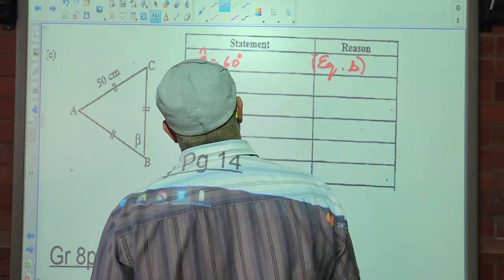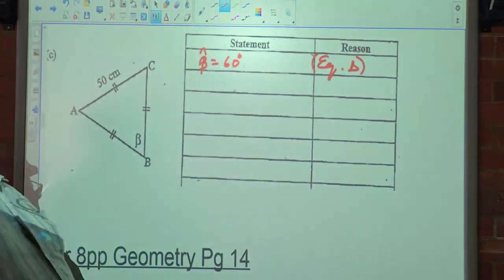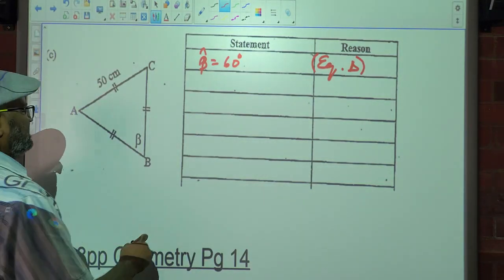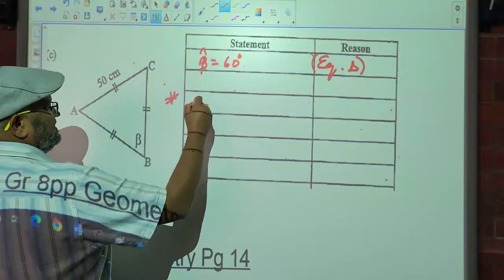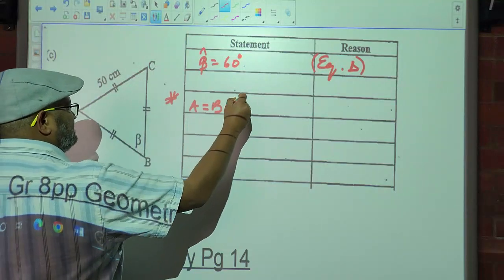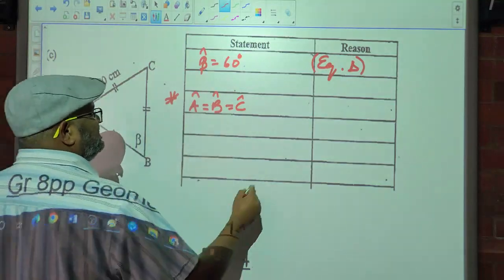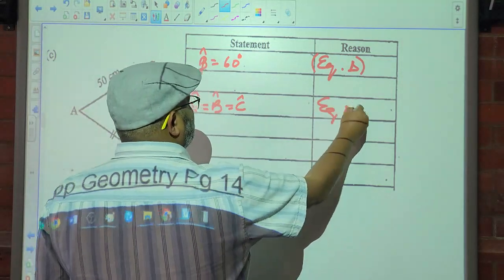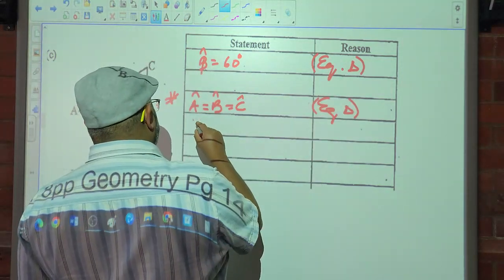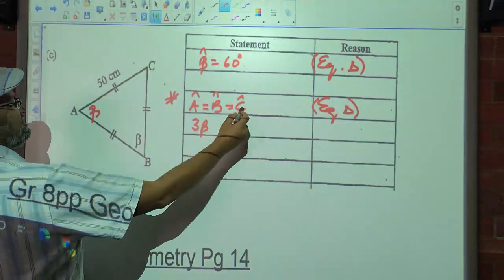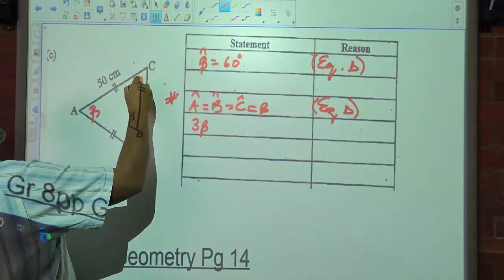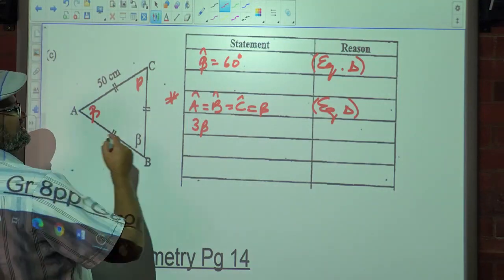Otherwise, if you wanted, you could have said, you don't have to say this, that angle A is equal to angle B, which is equal to angle C. Why? Because it's an equilateral triangle, with 3 beta, because all these angles are now equal. The 3 beta is equal to 180.